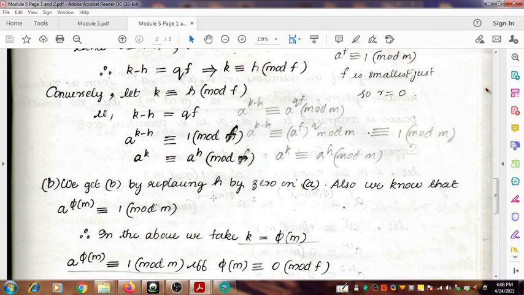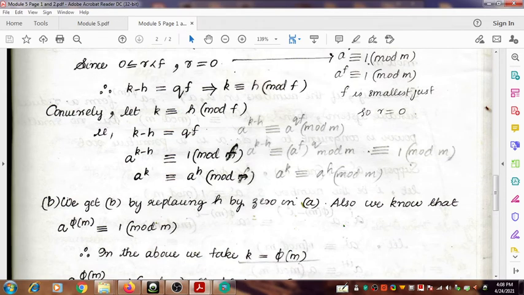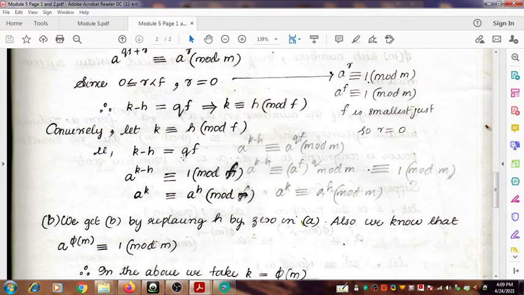Here A raised to K minus H is equal to A raised to QF, but you know that A raised to QF is congruent to 1 mod M.